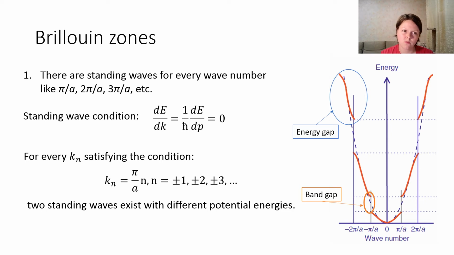The first intrinsic feature is that we have standing waves for every wave number, like pi divided by a, 2 pi divided by a, and 3 pi divided by a, and so on. Standing waves appear in this case from the interference of scattered waves from periodically arranged scatterers.